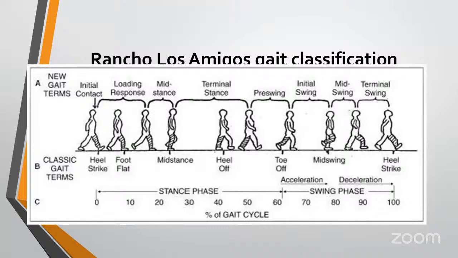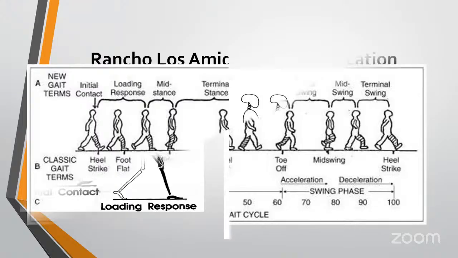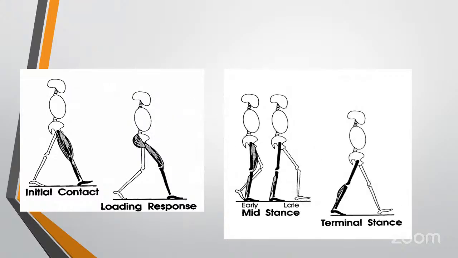We look at what is happening at the toes, what's happening at the ankle, what's happening at the knee joints, what's happening at the hip joints, what's happening at the trunk, the upper limb, the neck, and all those things. So that's when we find out that this is a particular problem of gait. So we have initial contact. So it's not just about the classification, it's about also knowing what muscles are involved.